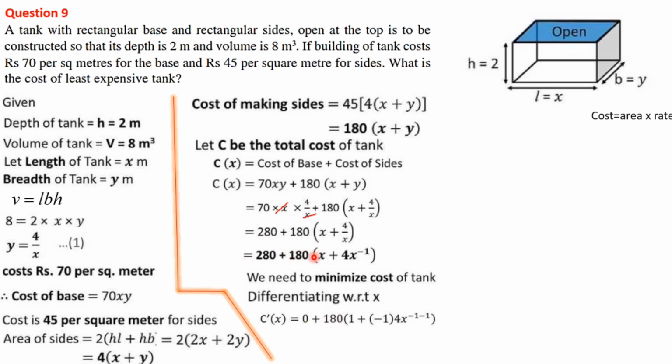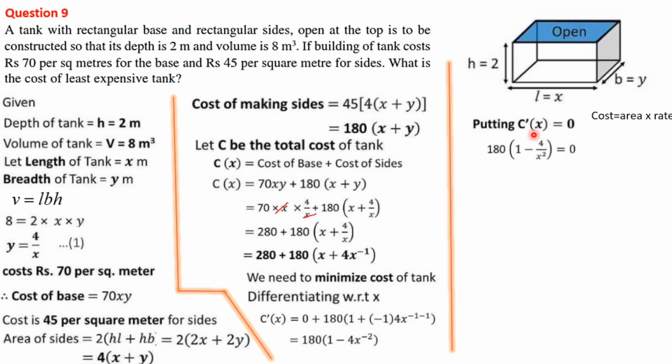The derivative of x is 1, plus 4 into the derivative of x power minus 1, that is minus 1 into x power minus 2. So 190 into 1 minus 4 x power minus 2. Putting C dash x equal to 0 means 190 into 1 minus 4 by x square equal to 0, bringing x power minus 2 to the denominator.